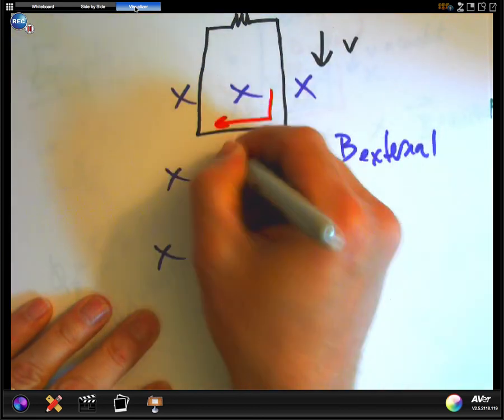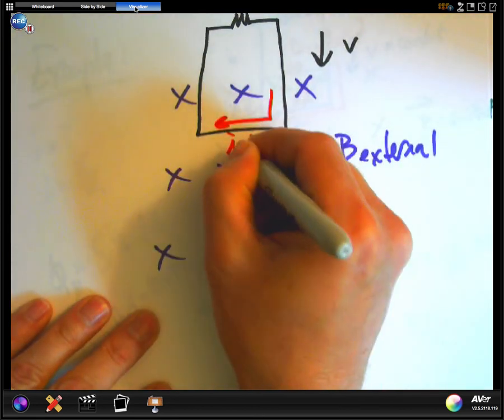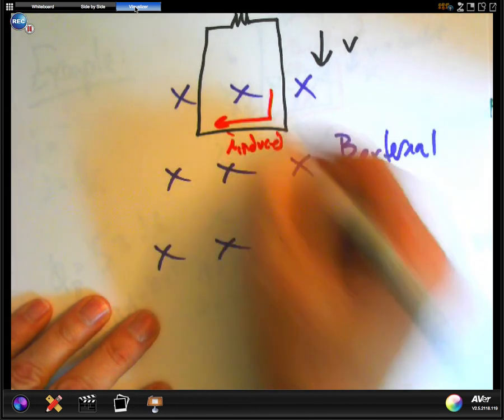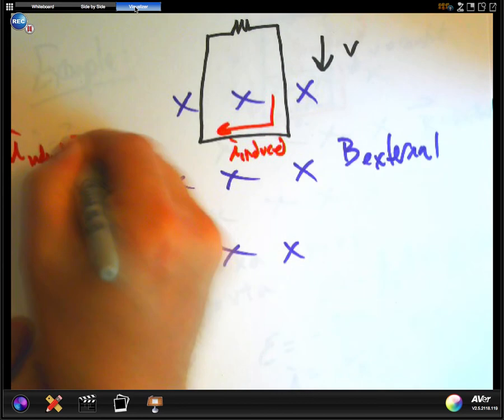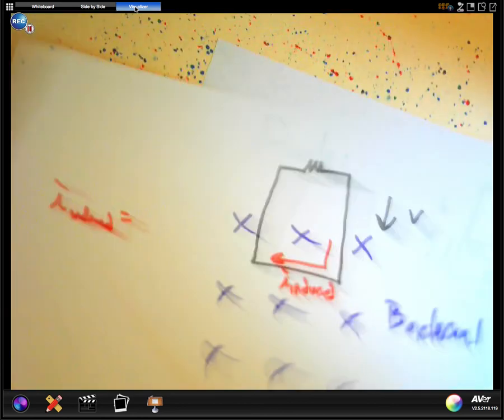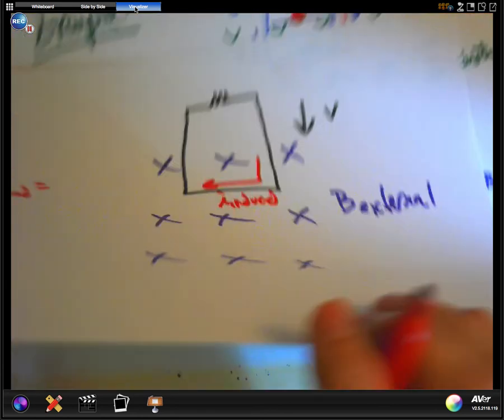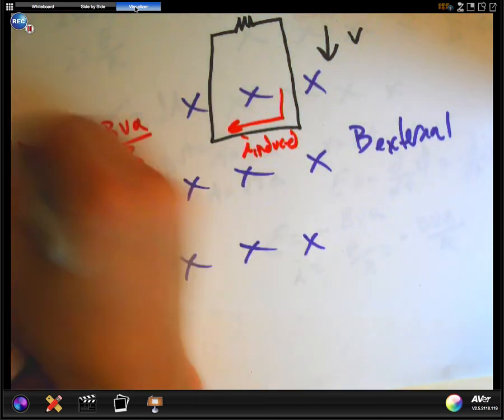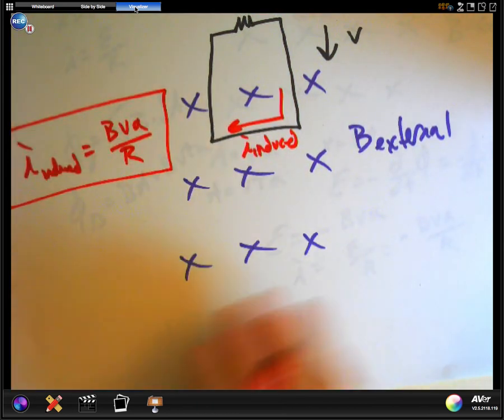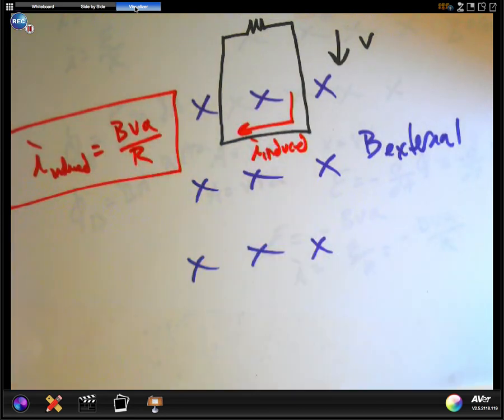So that's going to be our I induced. And our I induced is equal to, let's see, BVA over R. And I dropped off the negative sign because my picture is telling me which way it flows.